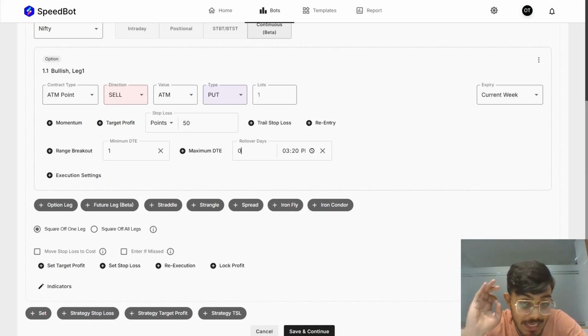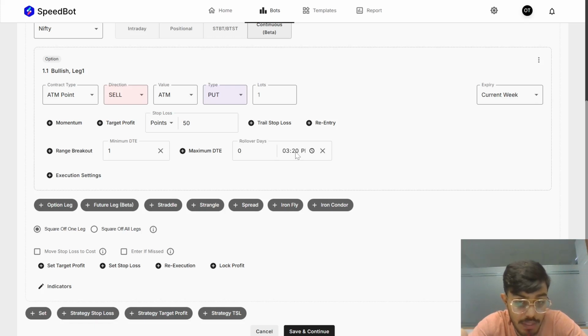that is on the expiry day at 3:20, you can exit the current week option contract, and again at 3:20, you can enter into the same position, whatever the ATM put would be at that time.